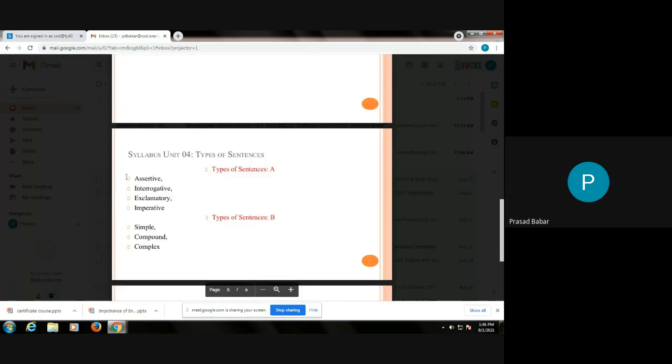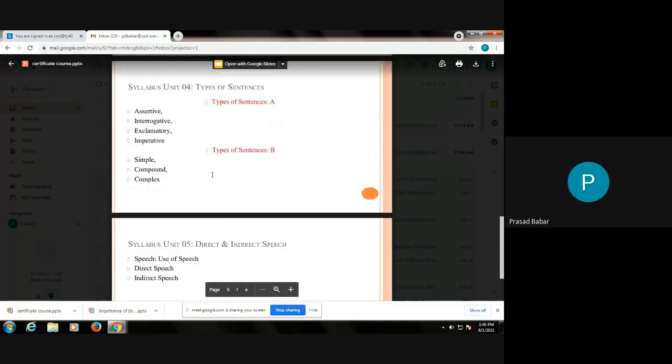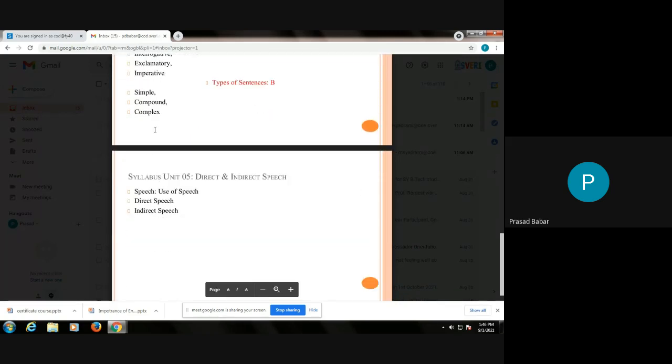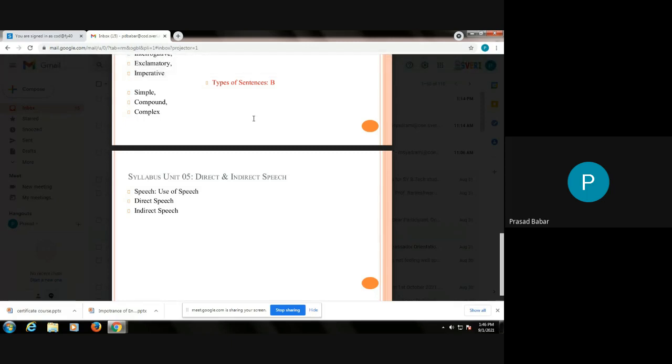The fourth unit is types of sentences, and there are a total of 7 types of sentences. The first is assertive, second is interrogative, third is exclamatory, fourth is imperative, fifth is simple, sixth is compound, and seventh is complex. So these are the types of sentences.